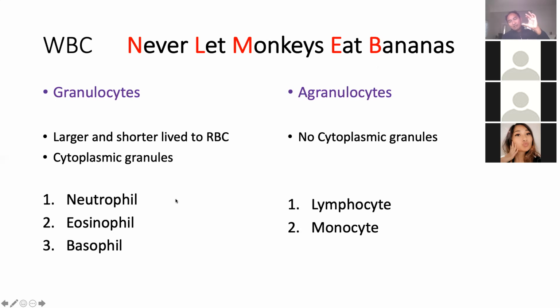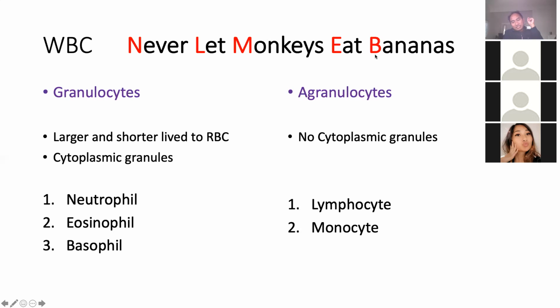So if you look at the blood film, what are you going to see? You're going to see RBC. Other than RBC, you will see neutrophil because it is most common. And after neutrophil, you are going to see lymphocyte because this is the second most common. Number 3 is monocyte, then eosinophil, and basophil.